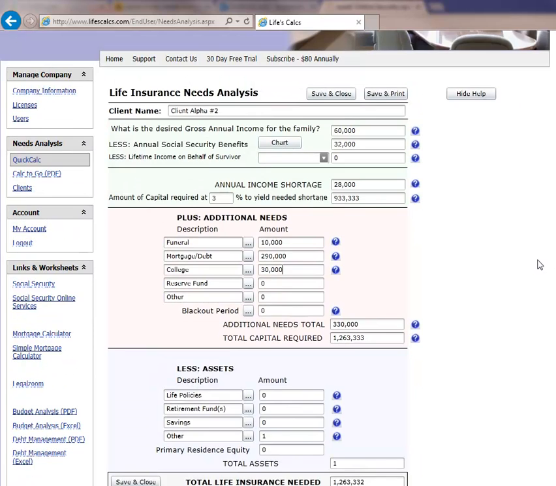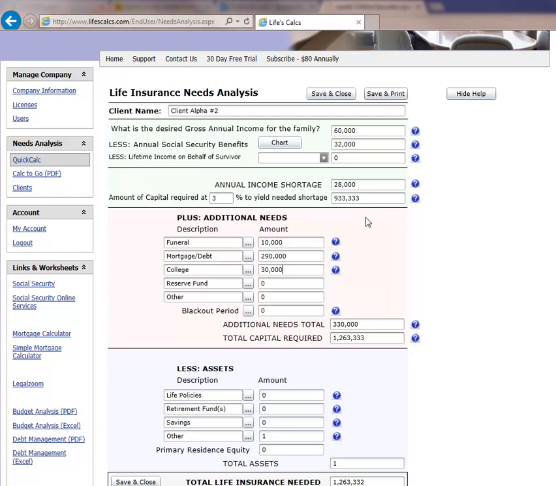And for accomplishing college costs, Stanford is $65,000 a year, and junior college is a lot less than that, and they can put in their college costs if they wish to, however they wish to help fund or fund fully. So that means that with the additional needs, we have an additional $330,000 that we need to add on to the $933,000.